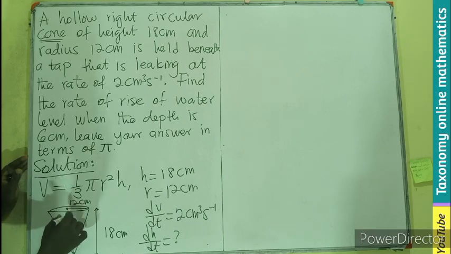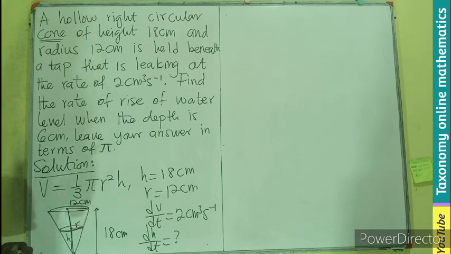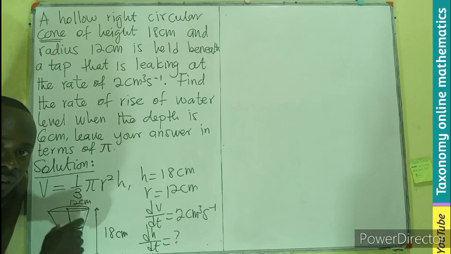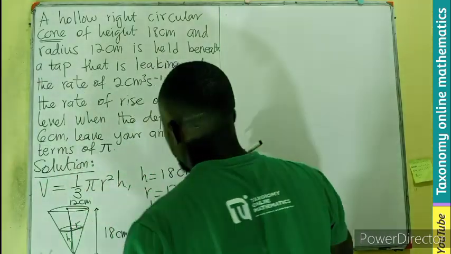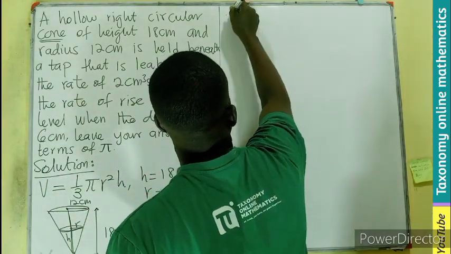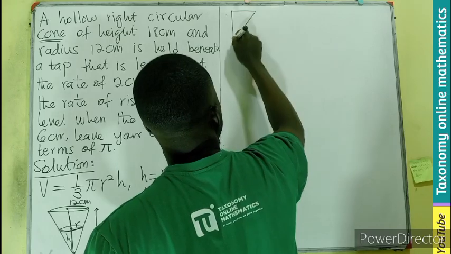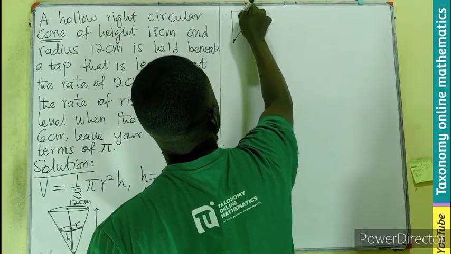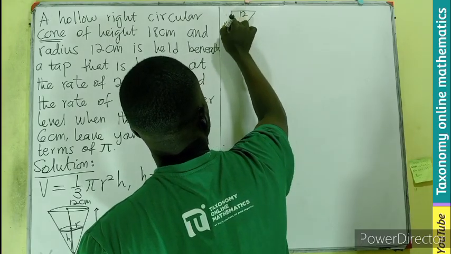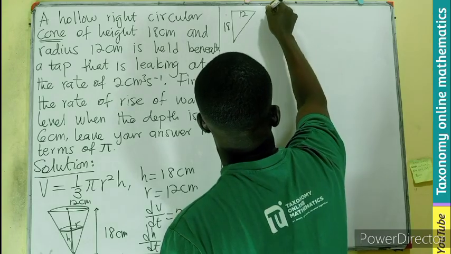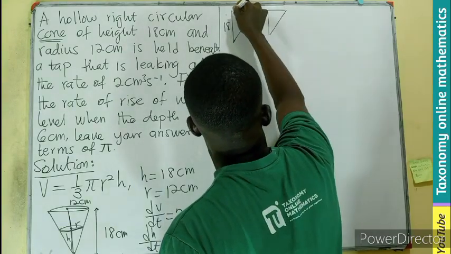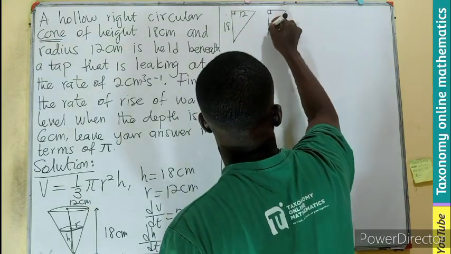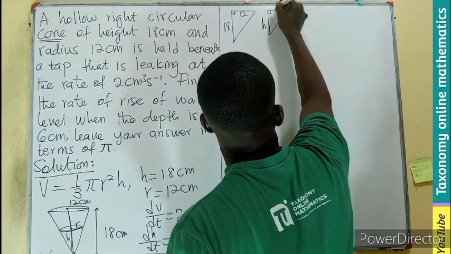If you put this together, that will give you two similar triangles. Let's pick the bigger one. The bigger one will have a right angle here. So we have our 12, we have our 18, then the smaller one, let's indicate the right angle here. This is the H, and this is the R.